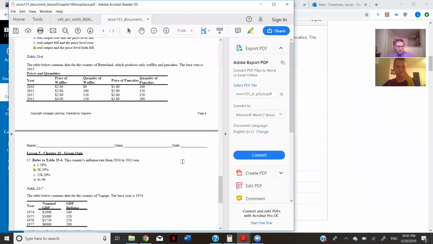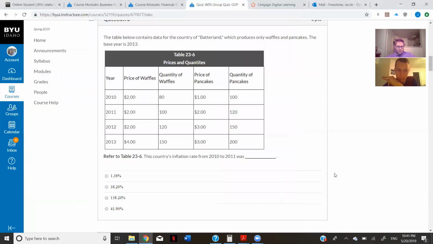And on that one, I got B on the PDF, which is not really what I got. I got like 38.4% or something like that, but it's the closest one. I got B as well. Great.